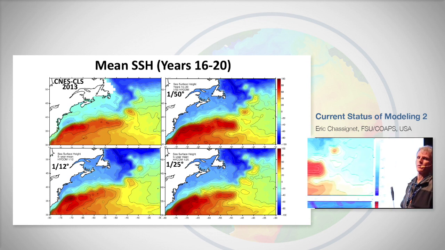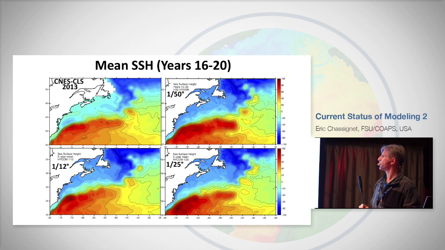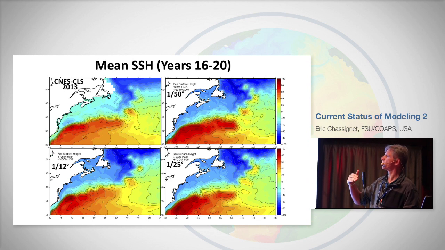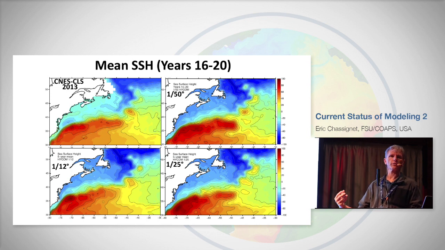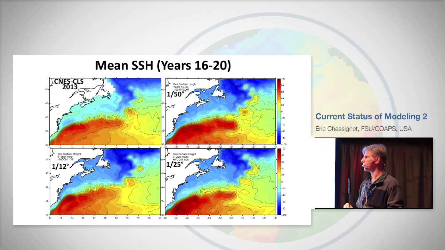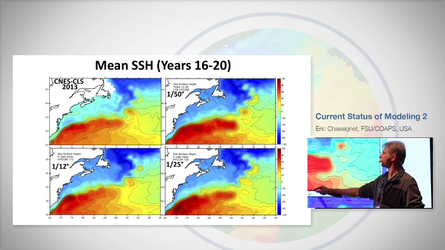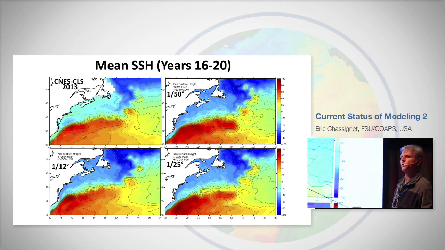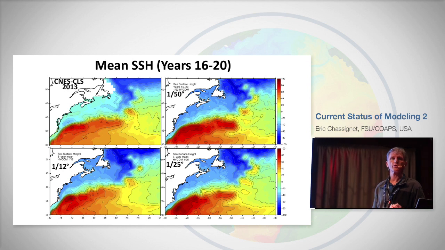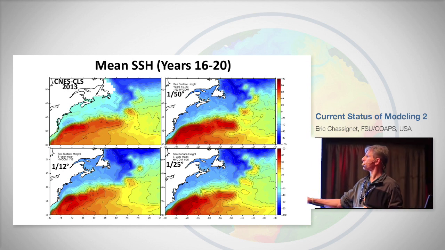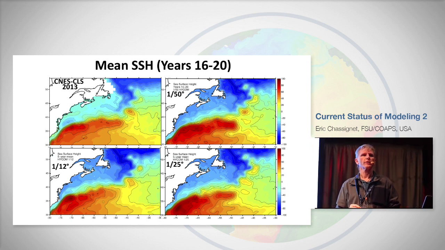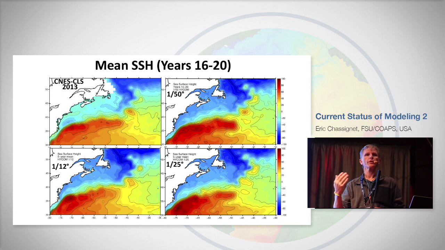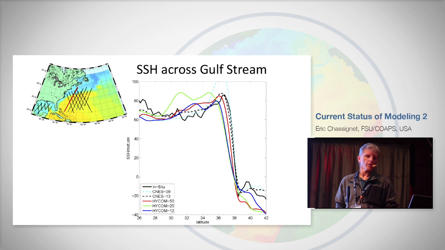So the message, and I'll repeat that in a few minutes, is that as you go from 1/3 degree to 1/12 degree, when you start to resolve the mesoscale, there's a big difference in the Gulf Stream separation and representation. But it appears that for this set of simulations, once you start to resolve the submesoscale, you switch to another regime. And my hand-waving argument is that the submesoscale allows the inertial gyre to be better represented in this case.